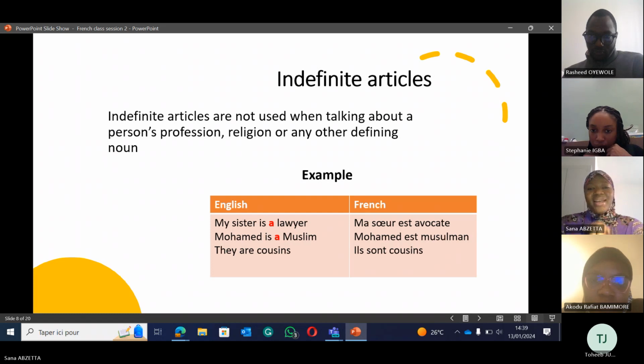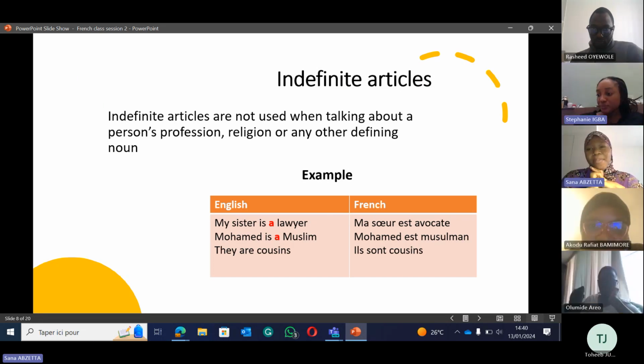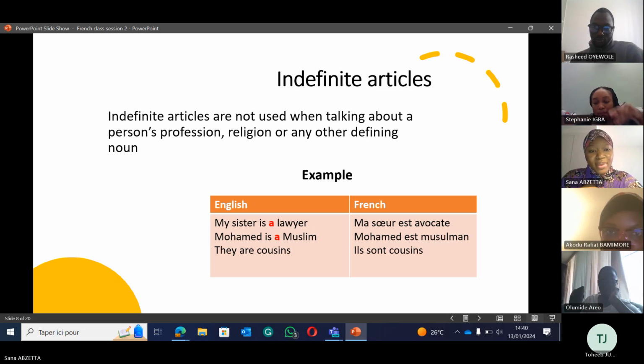So let's try to move on. There are some particular rules when we want to use the indefinite article in French. For example, if you want to talk about someone's profession or religion, do not use an article.